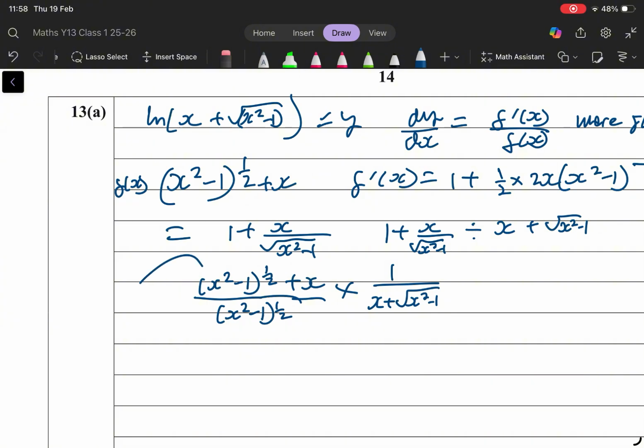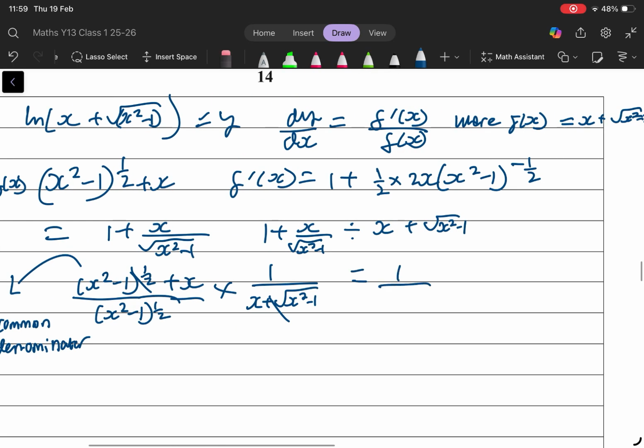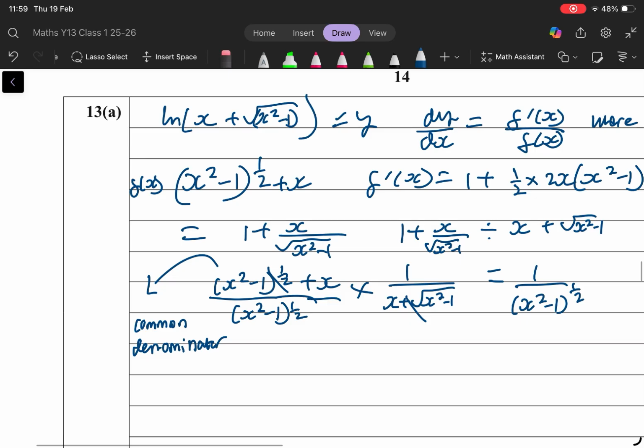How do we go to here? We use the common denominator. Just write that down in case I lose a mark for not explaining that too thoroughly. And then that and that cancel, and you get 1 over x squared minus 1 to the half. So the trick there was just to notice the common denominator here.